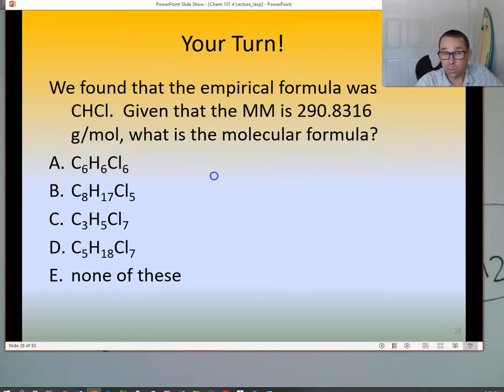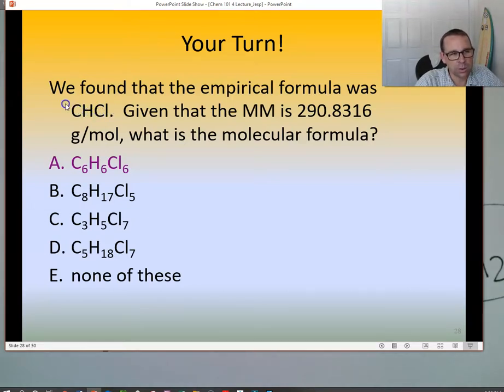All right, now here's another question for you. Very good practice problem. So why don't you take time to do this one? Push pause, try to find the answer. I'll tell you the answer in 2 seconds. So if you haven't pushed pause yet, 1, 2. All right, so the answer here is A. The way that we did that is we took the empirical formula, CHCl, and added up the mass: 1 carbon, 1 hydrogen, 1 chlorine, 12, 1, 35.45.